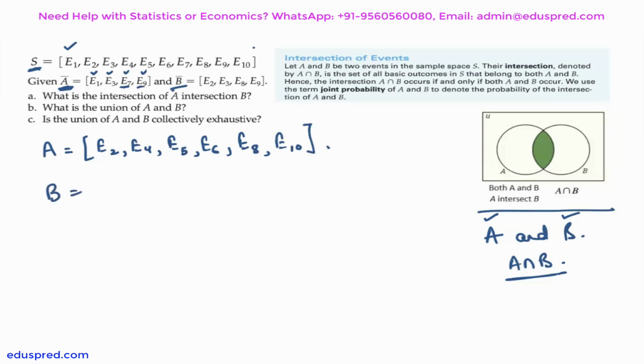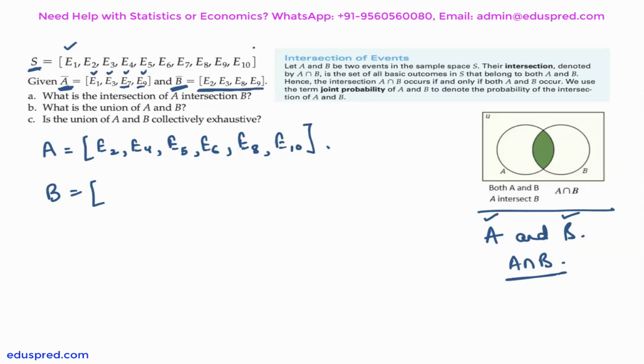Similarly, here we have been given B complement and not B. So first we have to find B. What are the outcomes which will be a part of B? Basically all the outcomes which are a part of the sample space but are not a part of B complement.